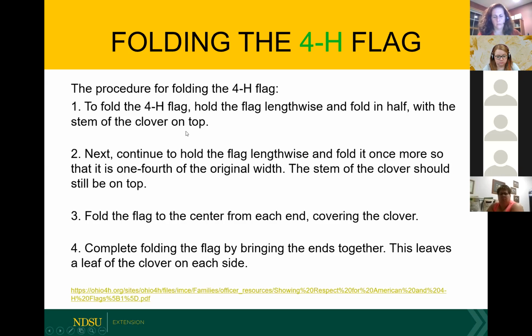So now you have 2 H's there, and you have the bottom of the stem on the other side. And then with the H's down, simply fold 1/4 of it into the middle and another 1/4 into the middle, and then bring it together, and now you have an H on this side and an H on this side.